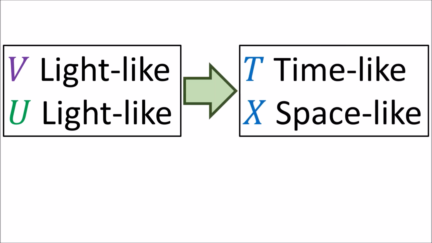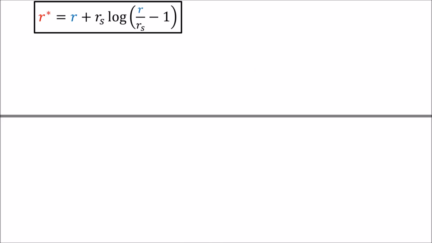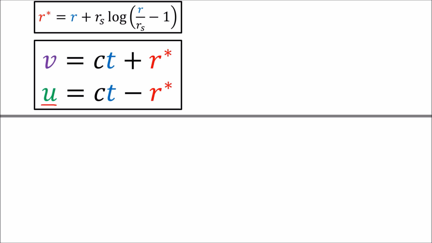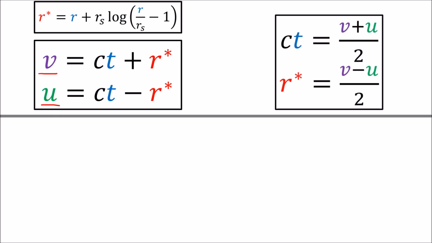It would be nice to convert these back to coordinates that resemble time and space, which I'll call big T and big X. So before, to get the light-like U and V coordinates, we added or subtracted time and space coordinates. The reverse formulas look like this.